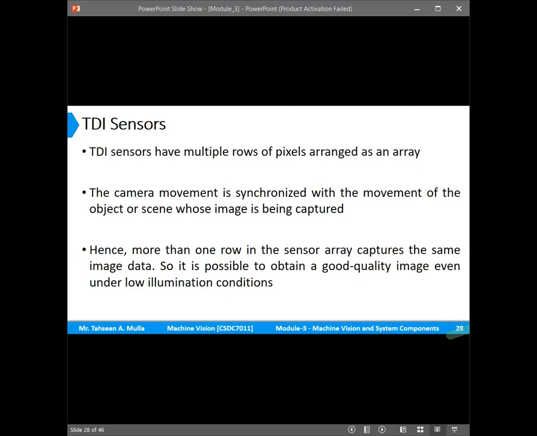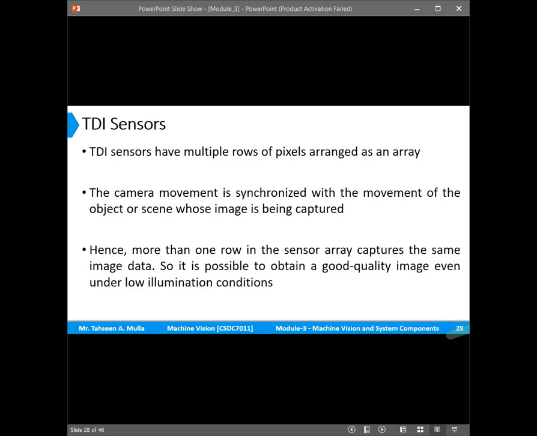So this can be achieved the moment your object or scene is moving, and your camera is also moving, right? Apart from CCD and CMOS, we have TDI sensors, time delay integration, a special kind of sensor which is mostly used in line scan cameras because it takes time to store an image.